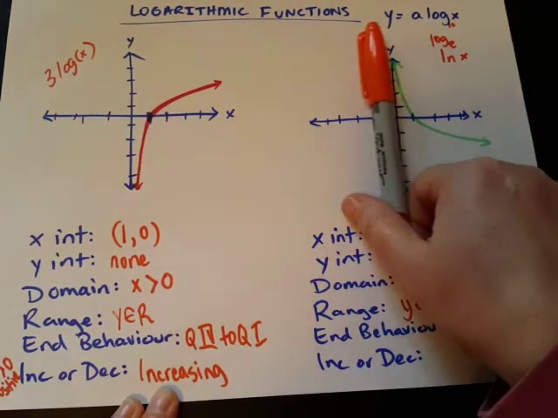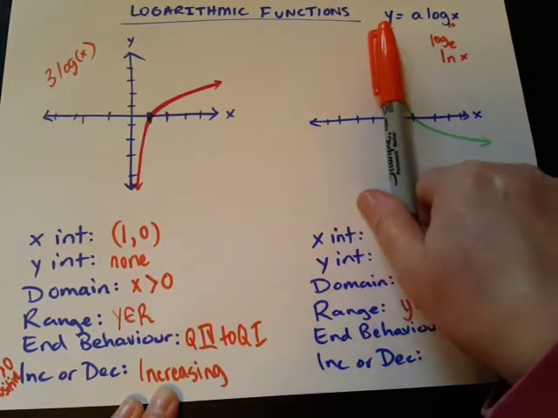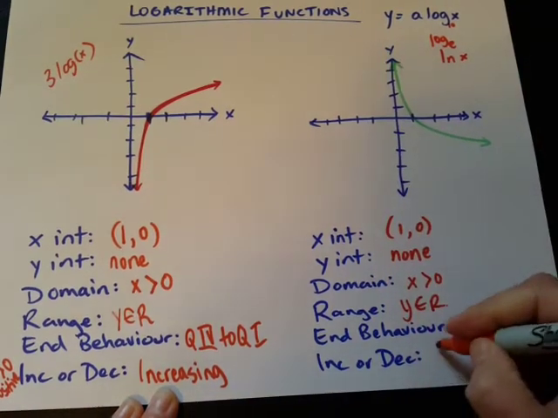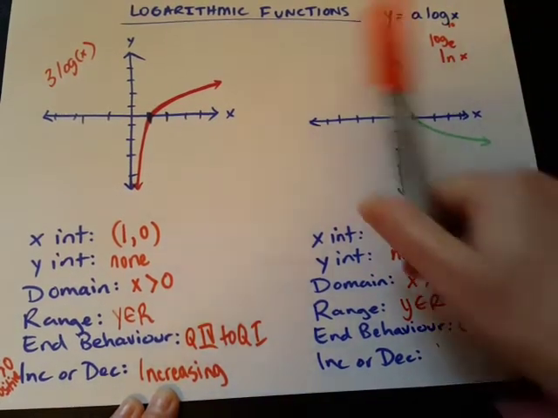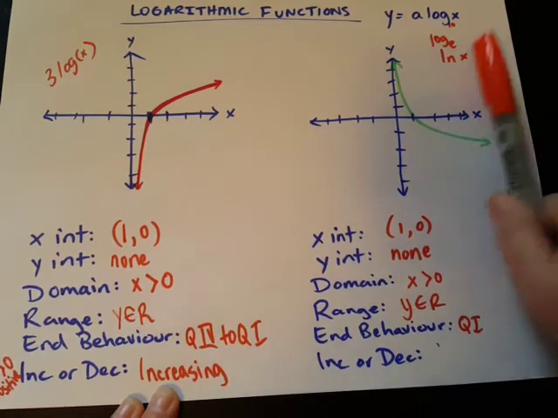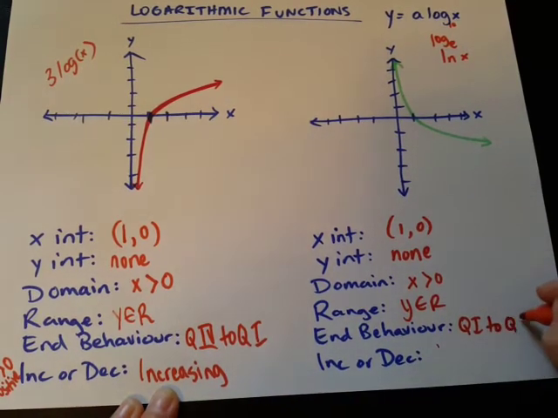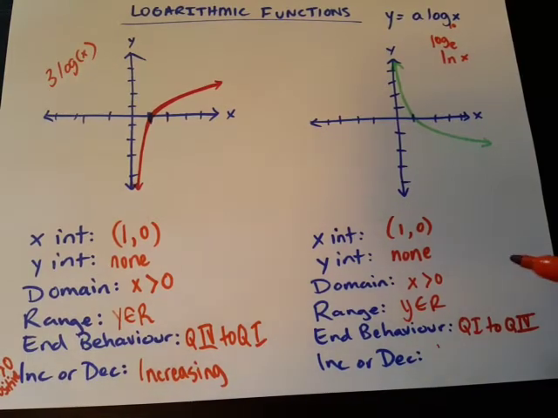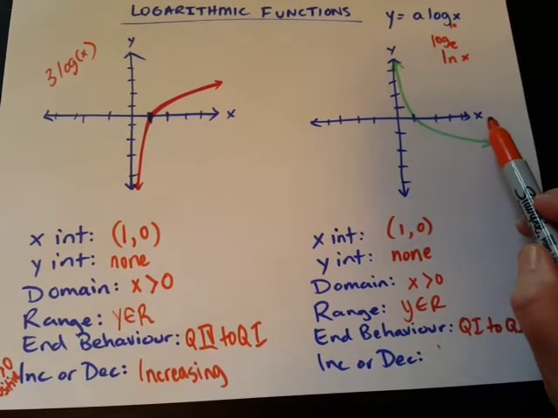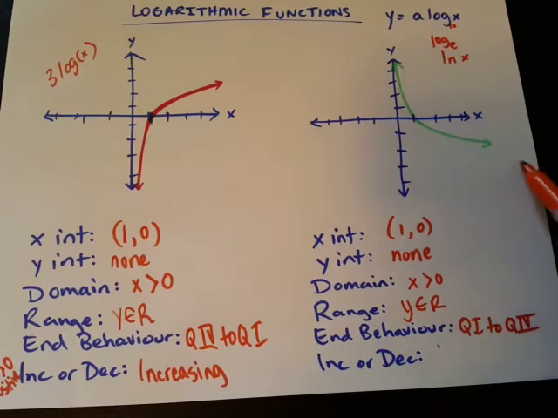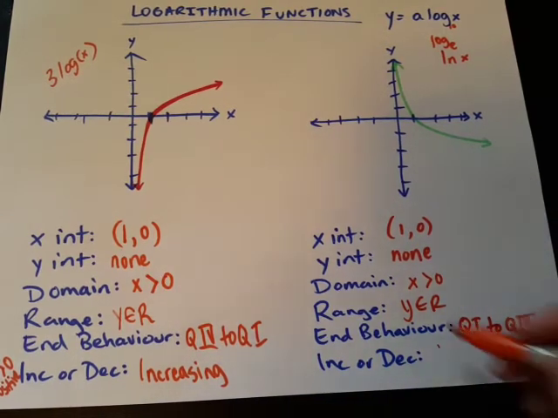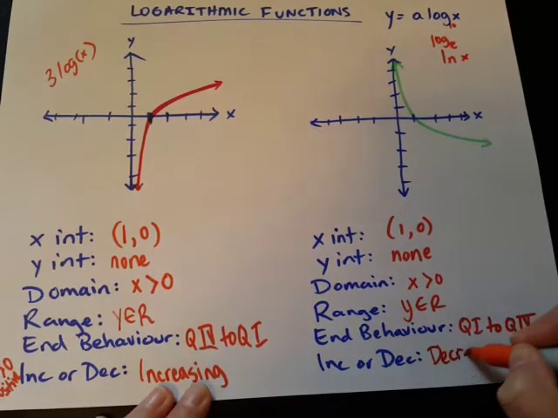End behavior here for this one is a little different, because as we come here, we meet it up in quadrant 1, and we leave it in quadrant 4. And lastly, increasing or decreasing function. As x increases, y seems to be getting smaller. It gets more negative, so that'll be decreasing.